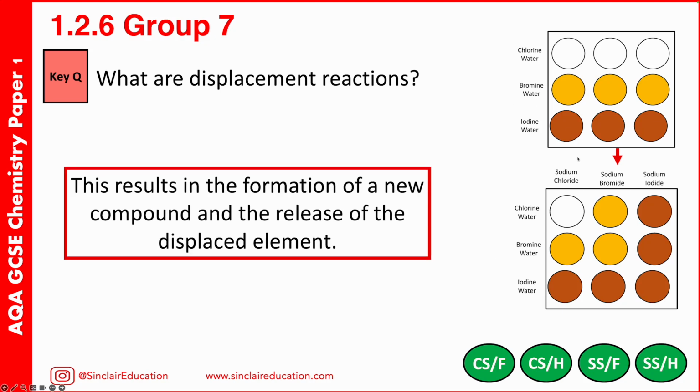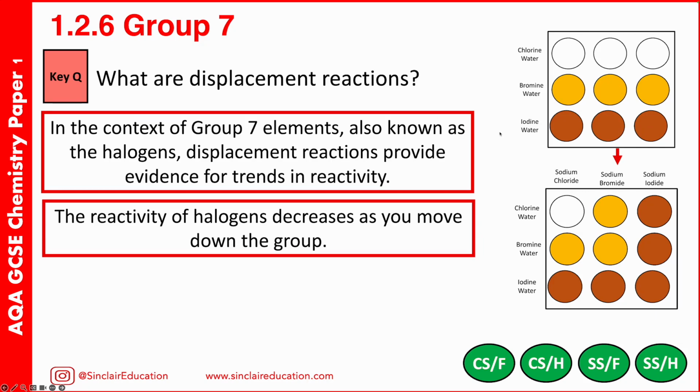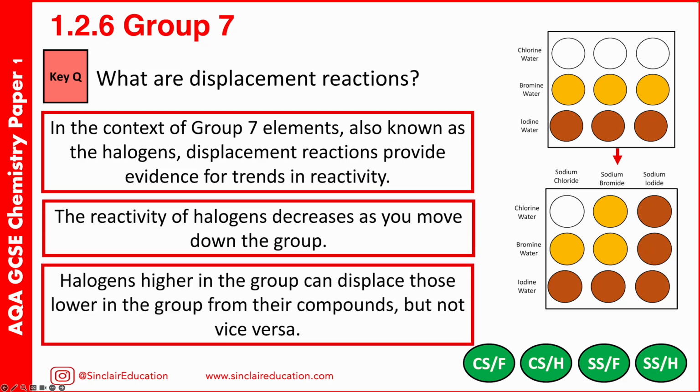What that means is a chemical reaction occurs and we get a new product made. So we can use this to prove the reactivity of the halogens, and it's a typical experiment we might use. Because if we're saying that as we go down this group they're getting less reactive, well actually chlorine can displace quite a few things. Iodine cannot.